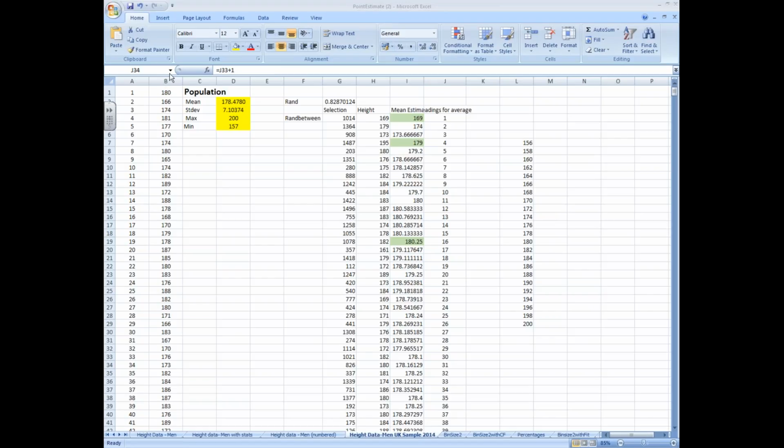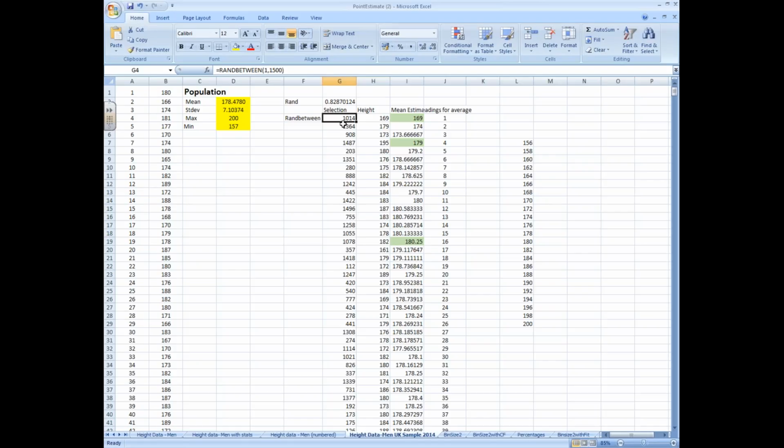Here is our data set, highlighted in column B. Here are the numbers, our identifiers on these data points. Here are a collection of random numbers. Now you'll see the first one says 1014. I have told Excel to generate a random number between 1 and 1,500.